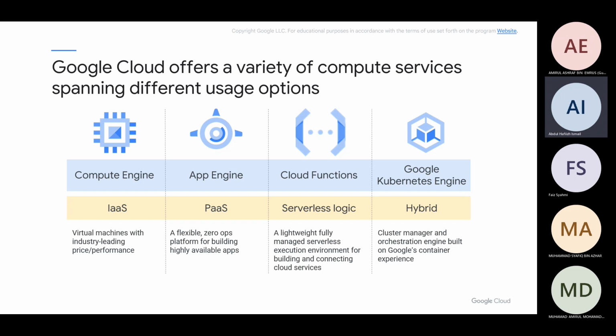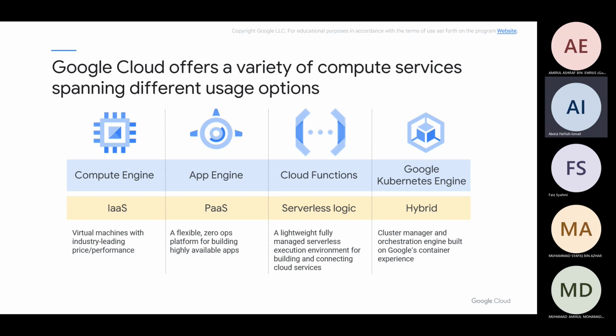So if you're looking for a platform as a service, App Engine is a good option. Cloud Functions offers a serverless options for triggering code to run based on some kind of event and to run containers on a managed Kubernetes platform.